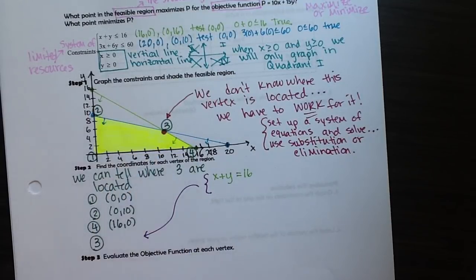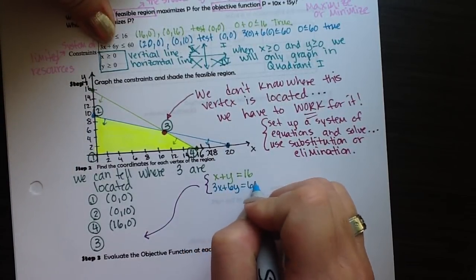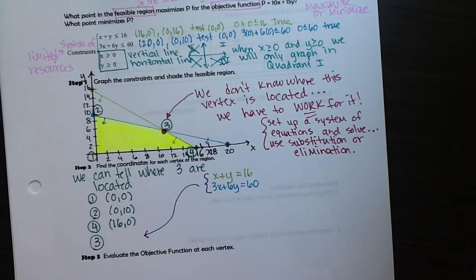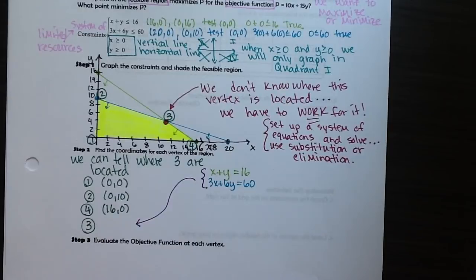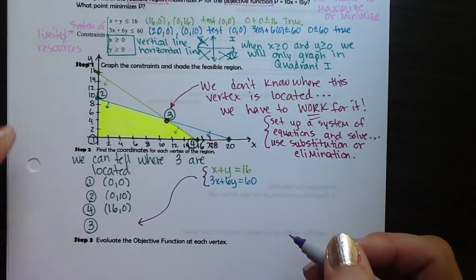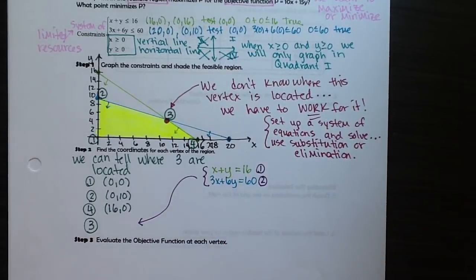And then my blue line was 3x plus 6y equals 60. Now, you may have more than two equations on a linear programming problem, so you want to make sure that you get the correct two equations into your system. Let's see, equation 1, equation 2.